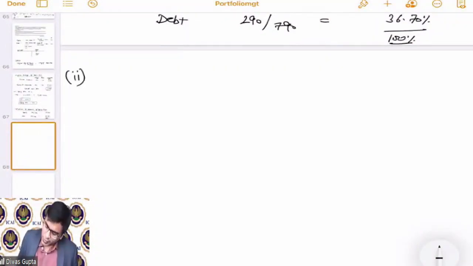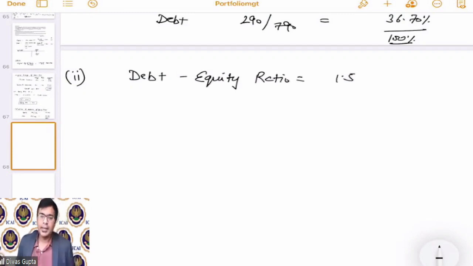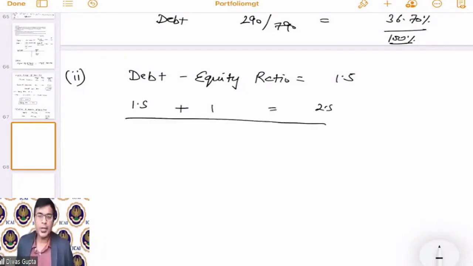The debt equity ratio is 1.5. That means if debt is 1.5, then equity is 1 and the total should be 2.5. If the debt equity ratio is 1.5, out of the total of 2.5, 1.5 is debt and 1 is equity.